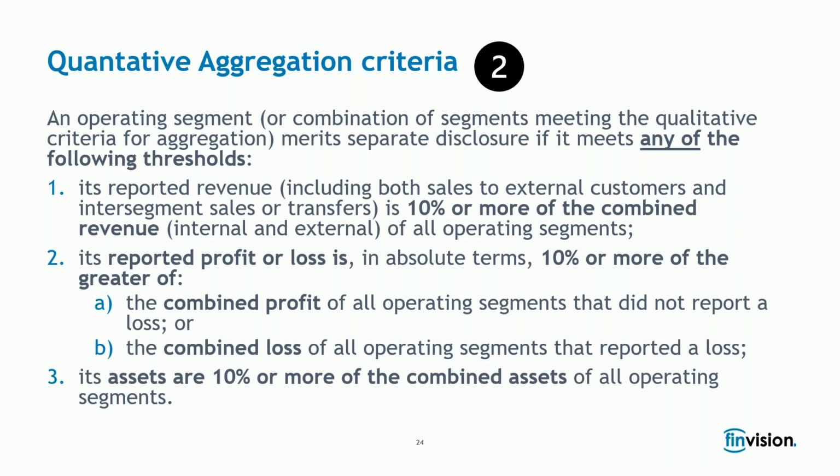Start looking at revenues, looking at assets, or looking at the result, and then you need to distinguish. If it's a loss, you compare it to the combined loss of all operating segments making a loss. If it's a profit, you compare it to the combined profit of all operating segments making a profit.